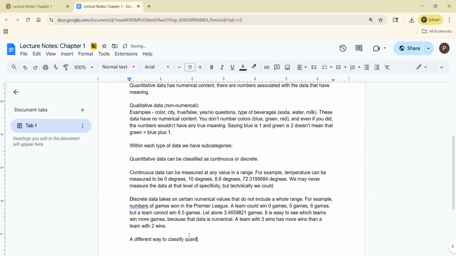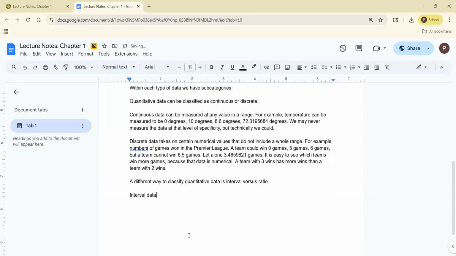So a different way to classify quantitative data is interval versus ratio. Interval data has an order, but not a relative size. For example, temperature data has an order. 50 degrees is hotter than 30 degrees. But we wouldn't say that 60 degrees is twice as hot as 30 degrees.